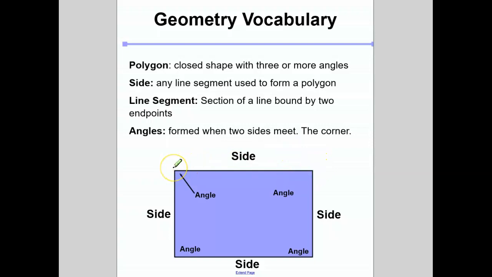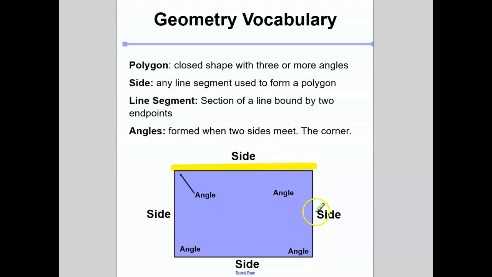So this right here, boys and girls, is a side. The reason it's a side is because it's a line segment and it has a starting point and an ending point. It has 2 points. Awesome. So I know that this rectangle has 4 sides because it has 4 line segments that have 2 endpoints.